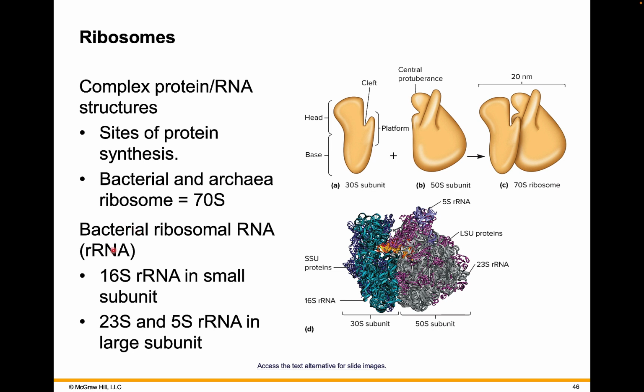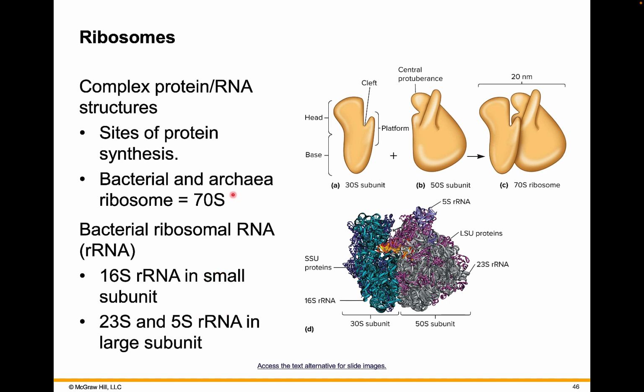The bacterial ribosome has a small subunit and a large subunit. The small subunit is made up of the 16S ribosomal RNA, and along with that, you have 21 different proteins. The large subunit contains 23S and 5S ribosomal RNA, and 34 different proteins. So altogether, you have 55 different proteins present along with the ribosomal RNA.